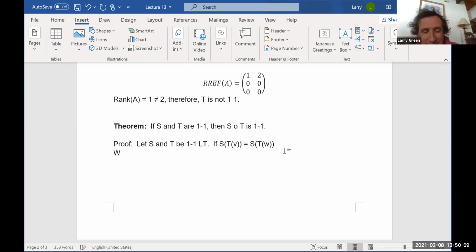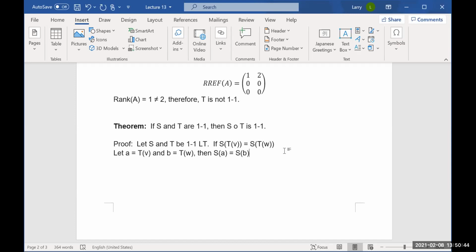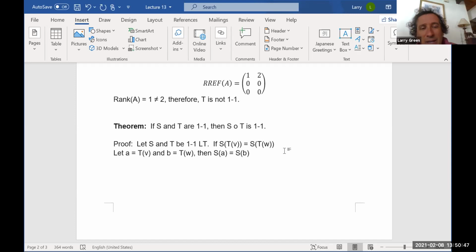Let's say A equals T of V and B equals T of W. I'm just renaming it. Are you okay with that? Then S of A equals S of B. All I did was substitute in my new way of writing T of V and T of W.